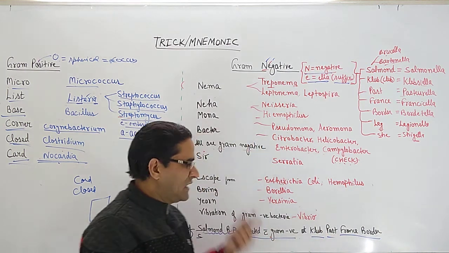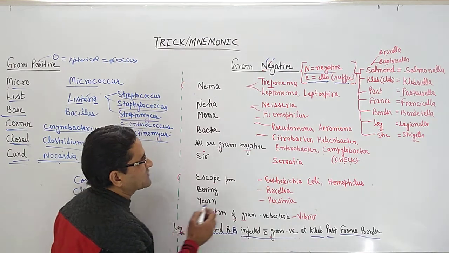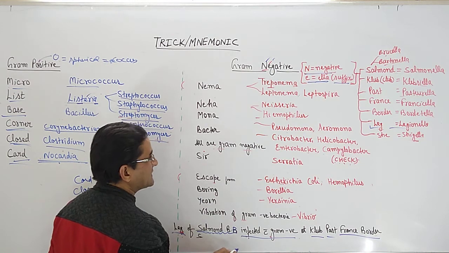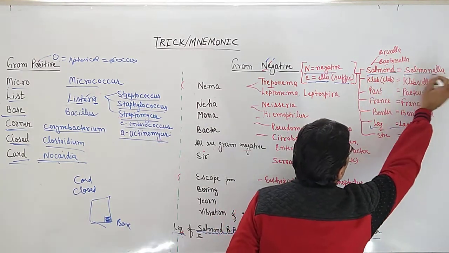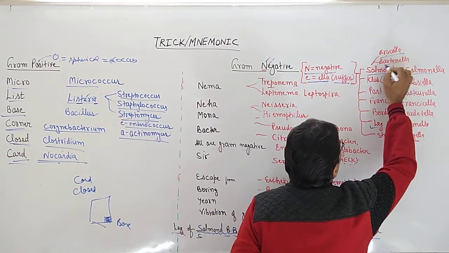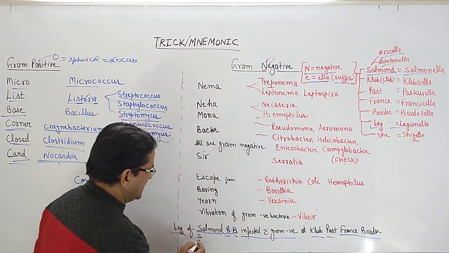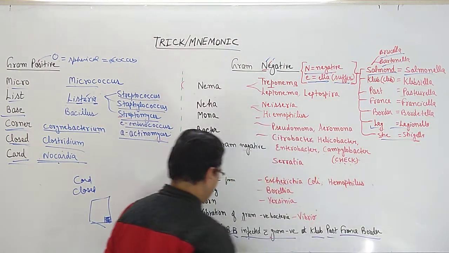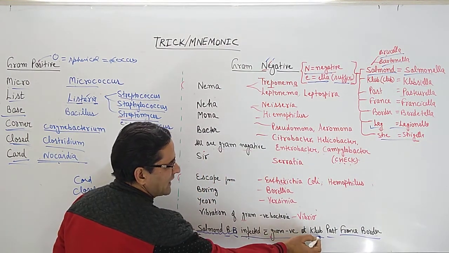He got an infection. Now see, L means Legionella. Salmon means Salmonella. BB, Brucella, Bordetella. Then one S is also there, this S is Shigella. Then infected at club.